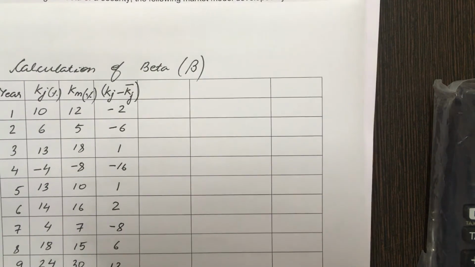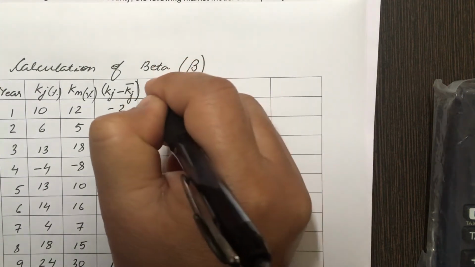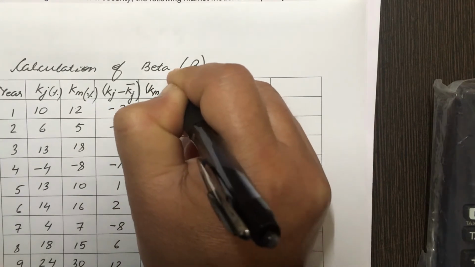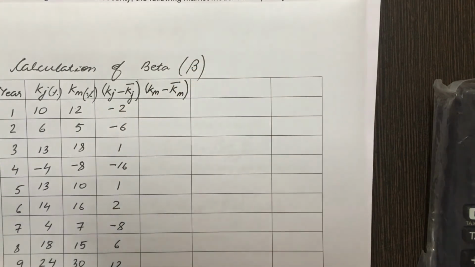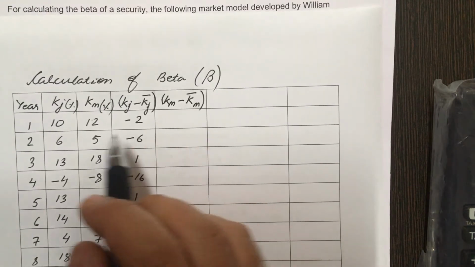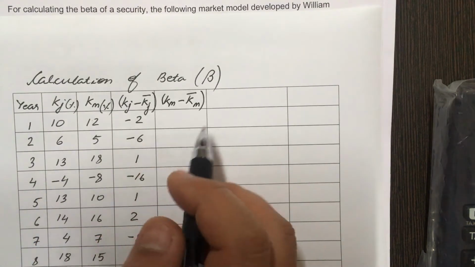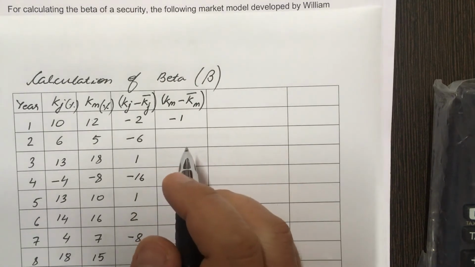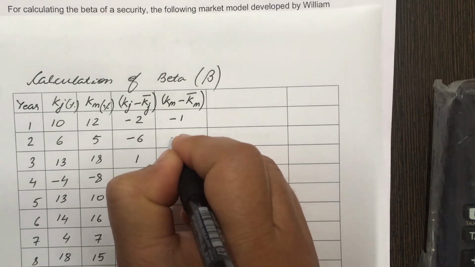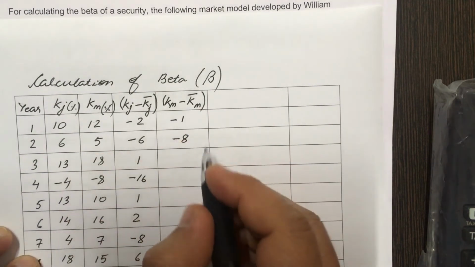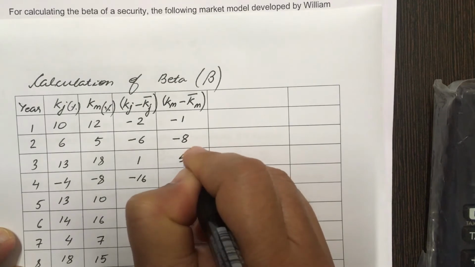Okay. Next, find out what is km minus k bar m. All right. So we have already found out what is k bar m, which is 13. So take the difference. Okay. 12 minus 13 is equal to minus 1. 5 minus 13 is equal to minus 8. 18 minus 13, that is 5.